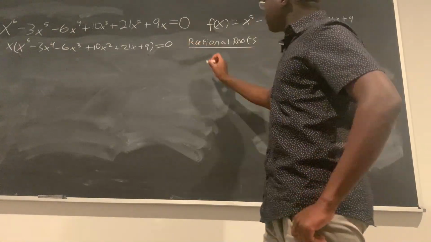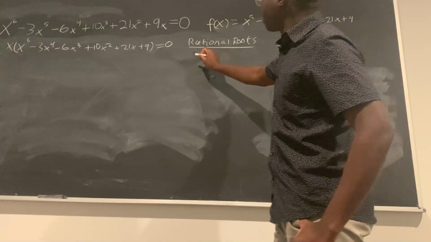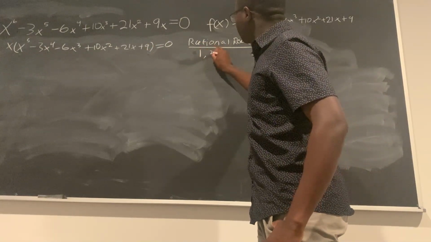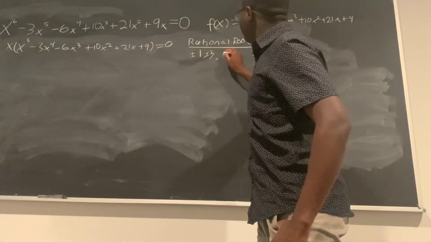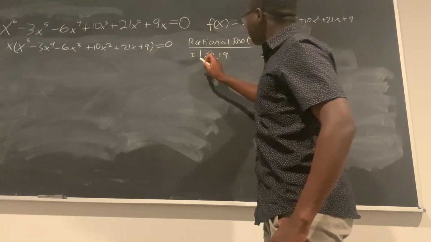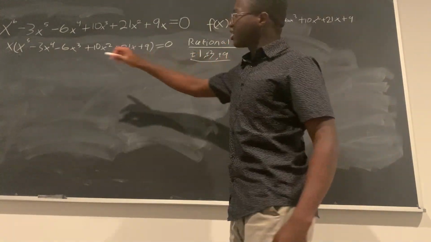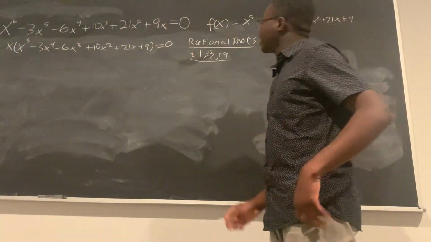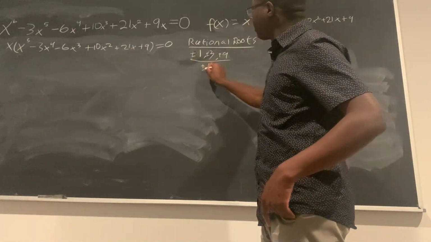Our rational roots we can write as the factors of 9, 1, 3, 9, all plus or minus. These are known as the p's, and we divide by the q's, the factors of the leading coefficient of the highest degree term, which is 1.